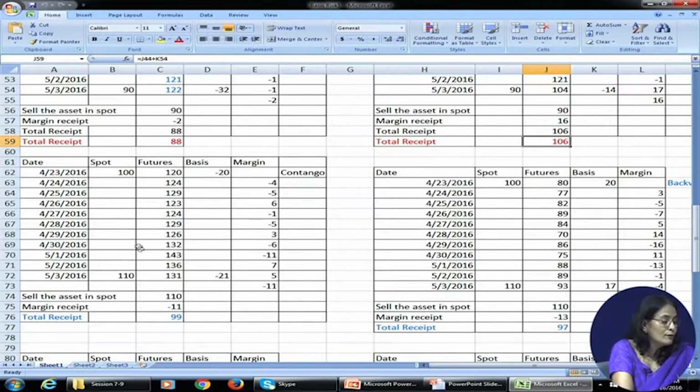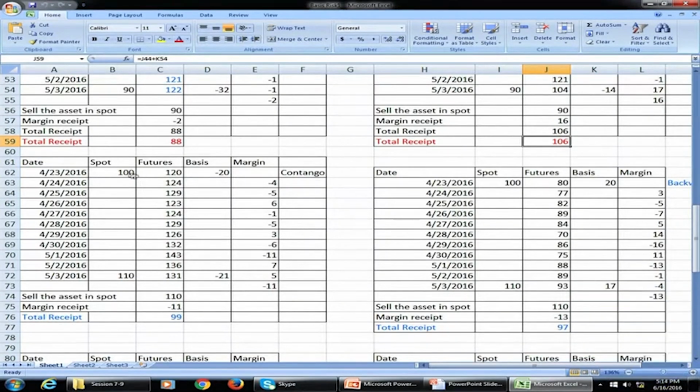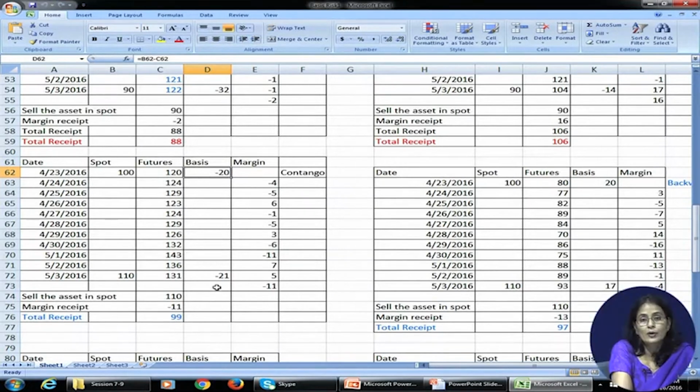You will have spot price 100, futures price 120, contango market, basis is minus 20, but on the contract expiry date, the basis has weakened from minus 20 to minus 21. So going by that, how much is going to be the net receipt? He will be selling the underlying at 110, but he has already paid 11 rupees as the margin.